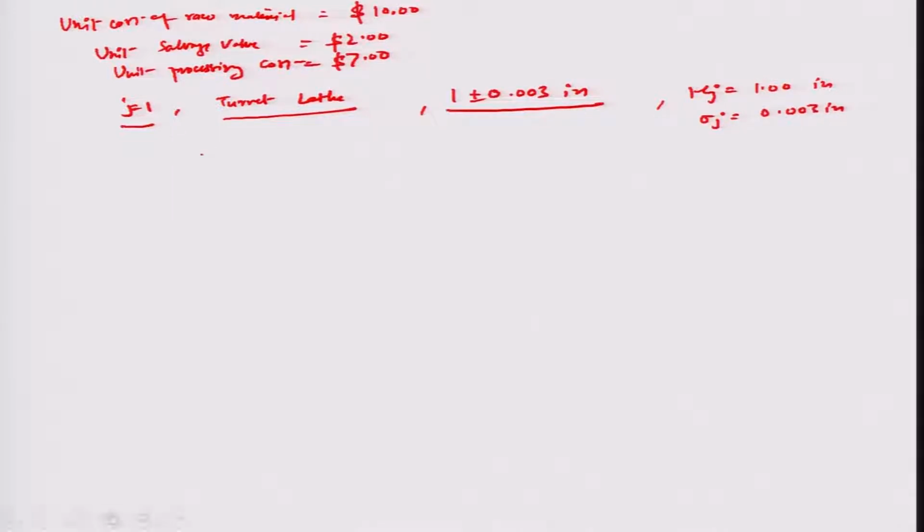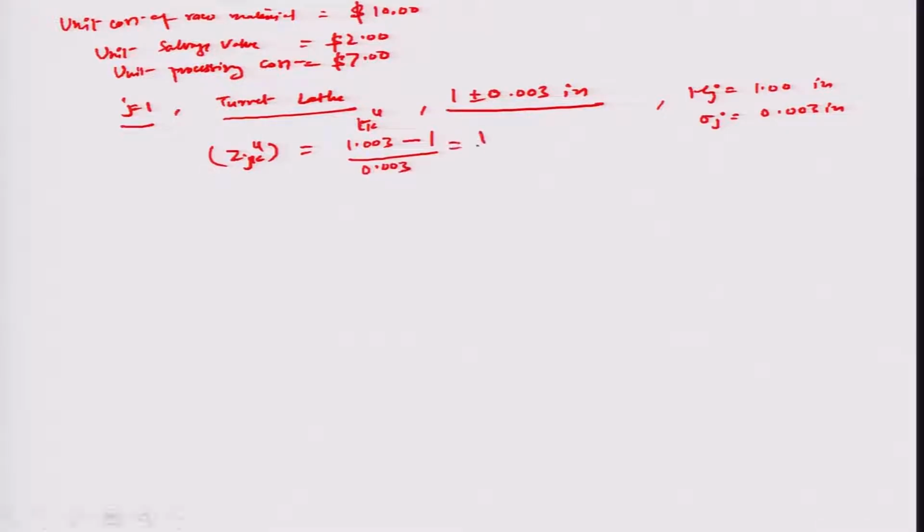So, we find out what the Z variate is. Again, the Z variate for the jth machine, and this is the first machine and maybe the first specification. The upper tolerance limit here is 1.003. So, that is how the Z upper is in this particular case: 1.003 minus mu j divided by 0.003.